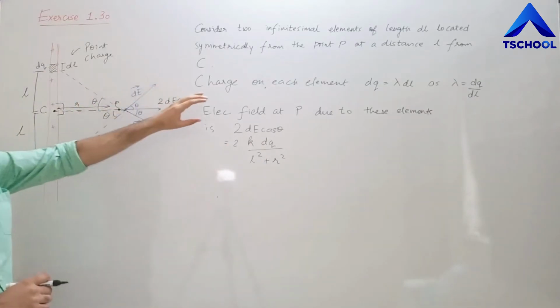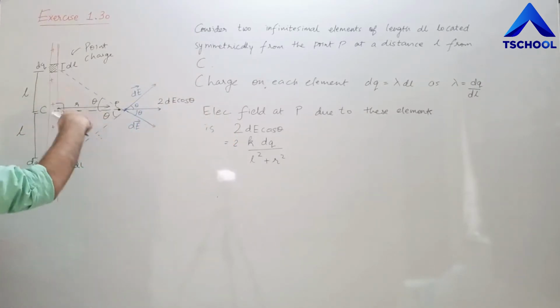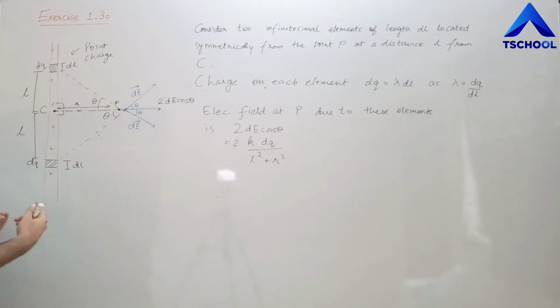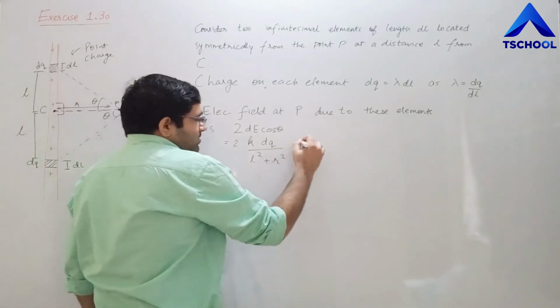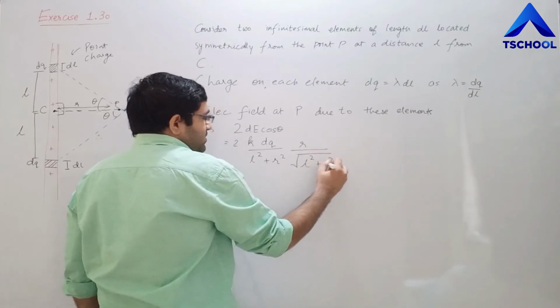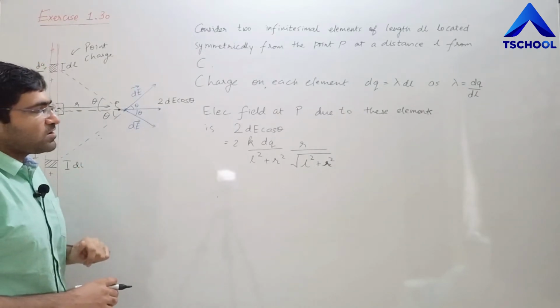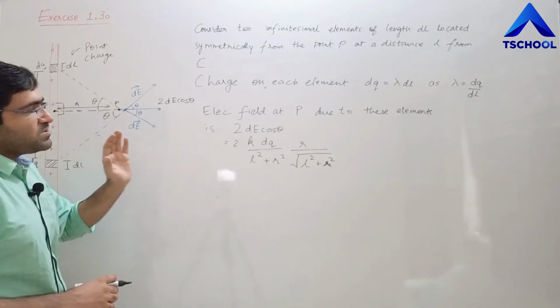Now into cos theta. So we still have to write cos theta. Look at this triangle, either one, and clearly cos theta is equal to R divided by under root L square plus R square. Again, L is taken to be the distance between C and that element. So this is what we have got for 2 dE cos theta.